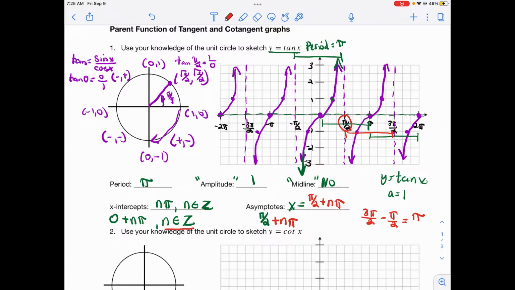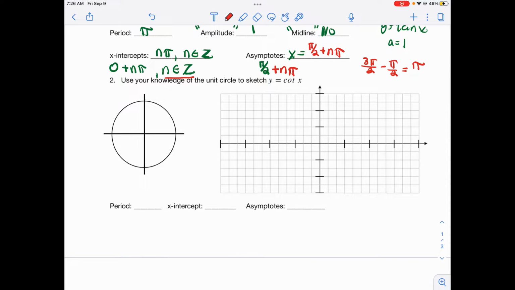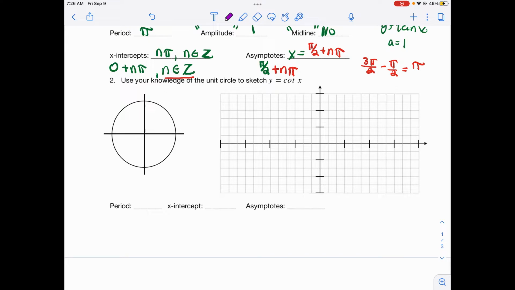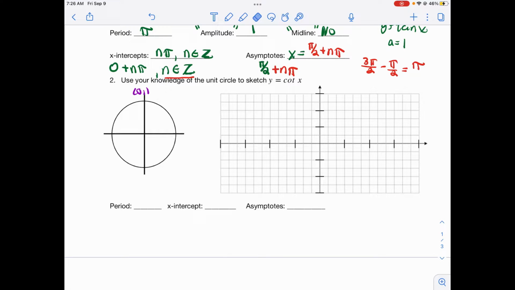Okay. Similarly, we're going to look at the graph of the cotangent function, looking at these special points again. Whoops, I'm just writing the same point over and over again. Let's try that again: 1, 0, 0, 1, -1, 0, 0, -1.